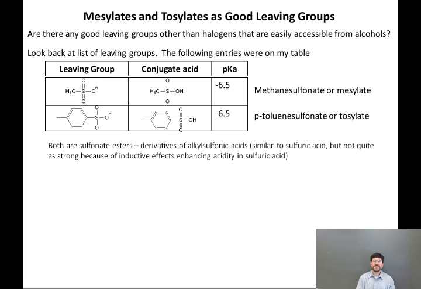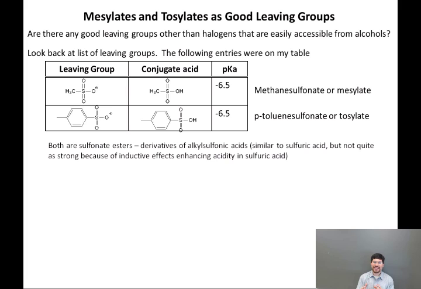So both of these leaving groups, or molecules that contain such a leaving group, are what are called sulfonate esters. They are derivatives of alkyl sulfonic acids, which are similar to sulfuric acid, but not quite as strong an acid.